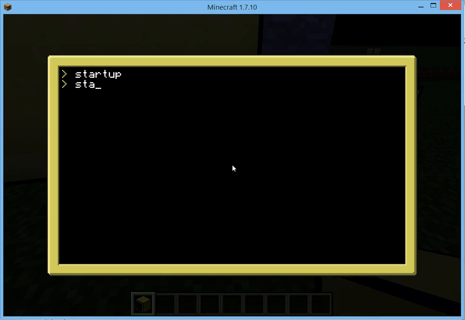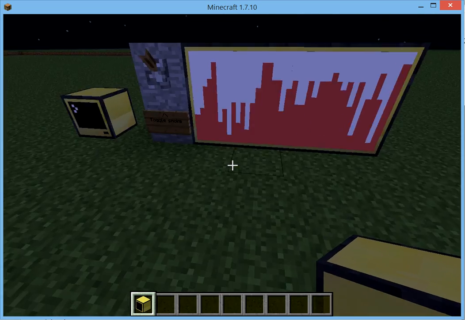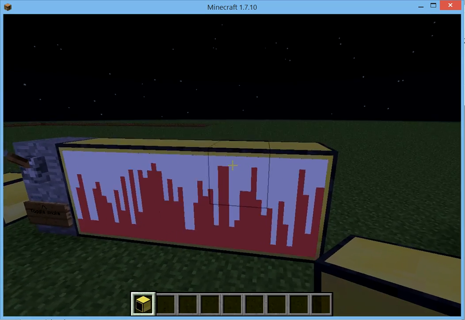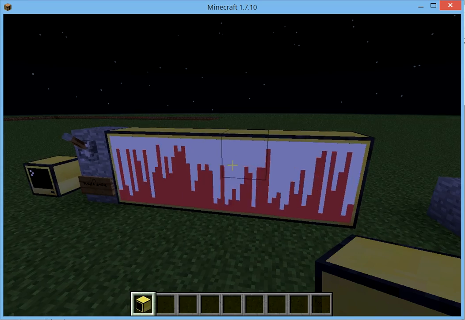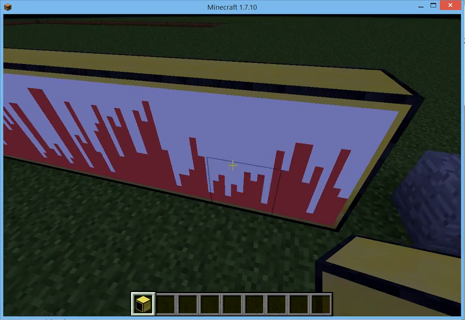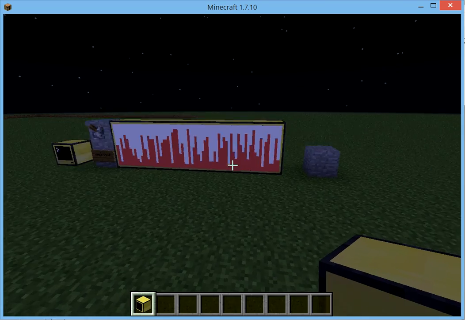It crashed. If we get it back running and try to expand it, I don't know why it crashed. Had no reason to, but it should just expand out. Just keep doing more.